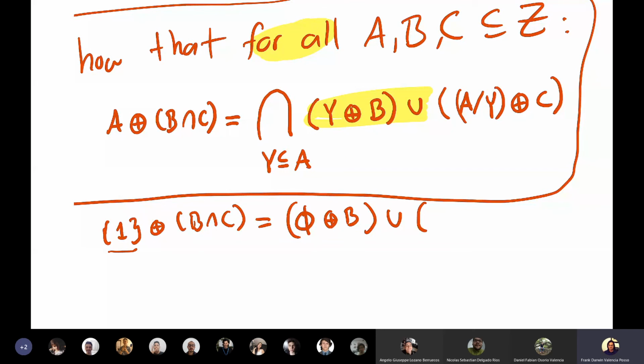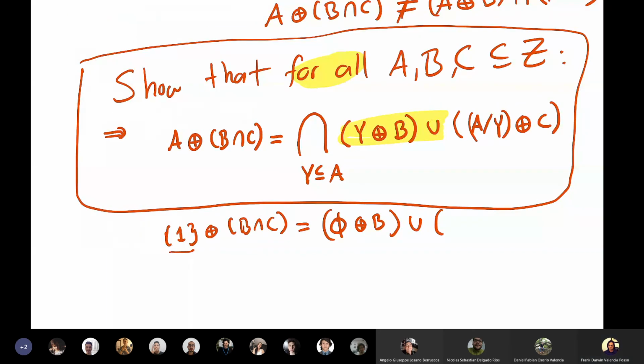Bueno, entonces, aquí me daría vacío más B, porque Y es igual a vacío. Y aquí, ¿qué sería A menos Y? A es el conjunto que tiene el 1. Y Y son 2, vacío o A. Entonces, ¿qué me daría esto? ¿1? Sí, exactamente. Entonces, A, que es 1.